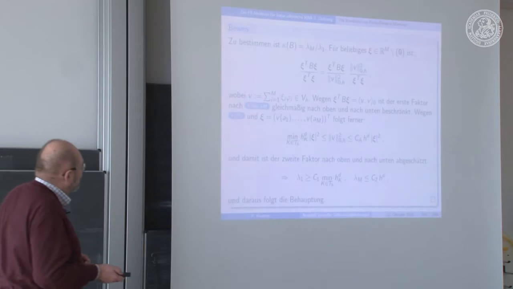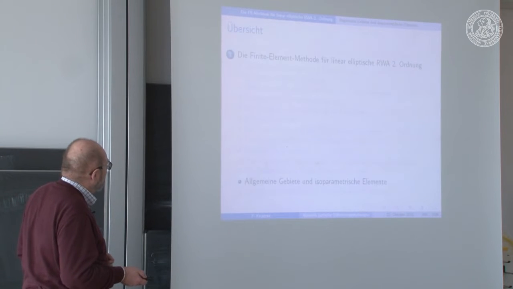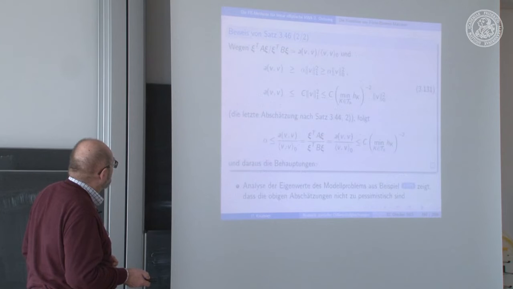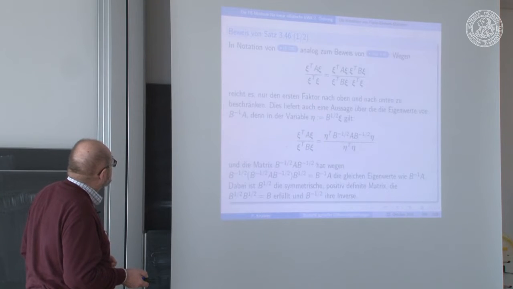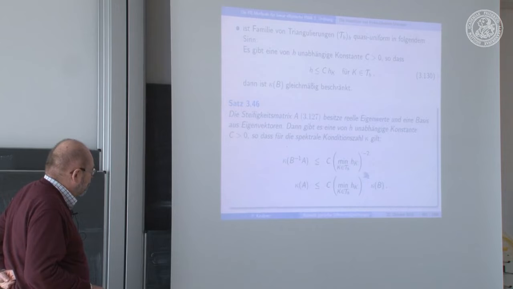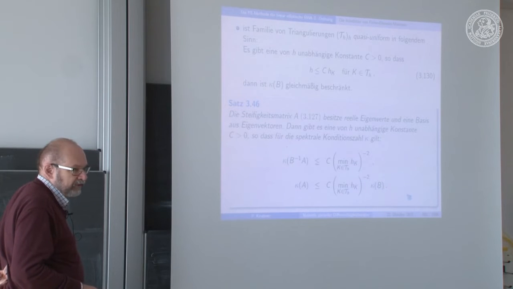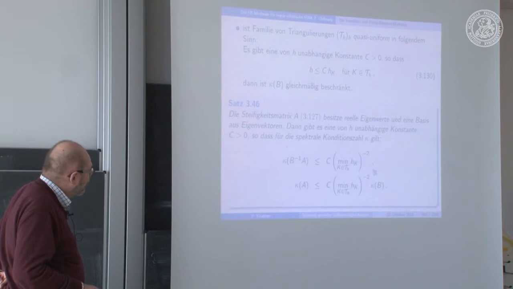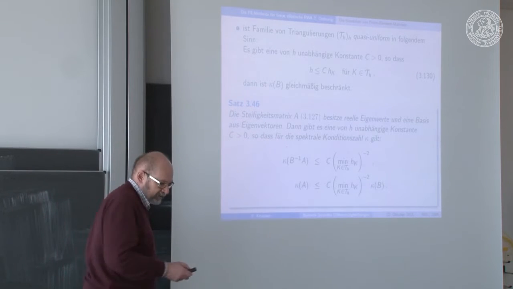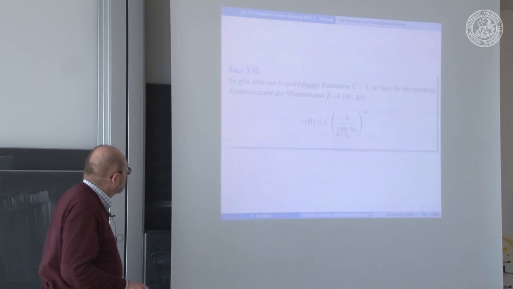And having this in mind, this factor doesn't play a role. In general, we can assume that this is a uniformly bounded quantity. So, okay, let us prove these assertions now.